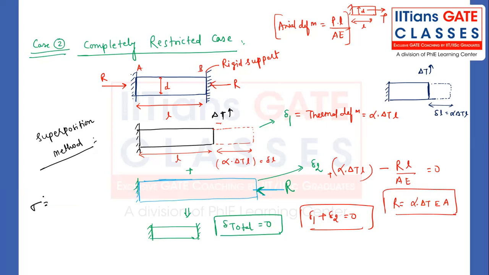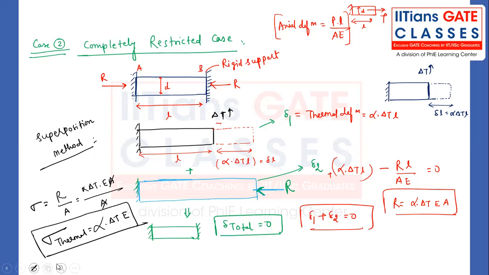Once the internal resistance force is developed in the material, stress is the resistance load divided by area. That means alpha into delta T into E into A divided by A. Finally, the thermal stress is alpha into delta T into E.